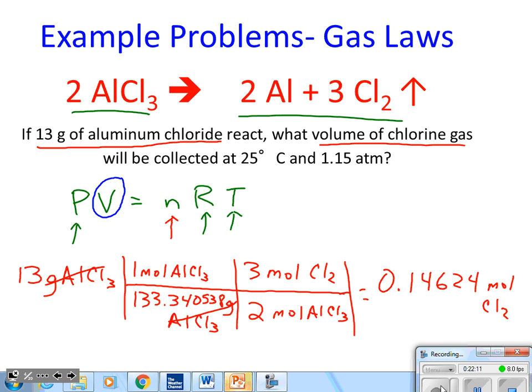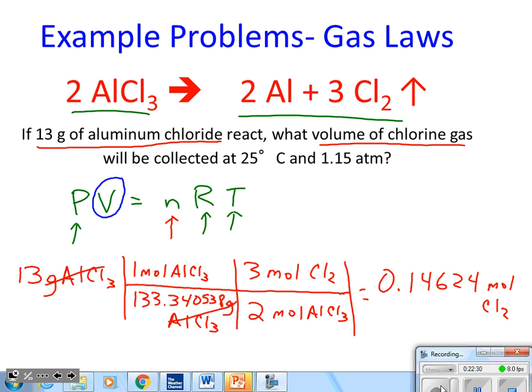I'm not done yet. Why am I not done? Because I've got to plug that back into PV equals nRT, right? What did I just calculate there? Moles of chlorine gas, which is what in my PV equals nRT? n.